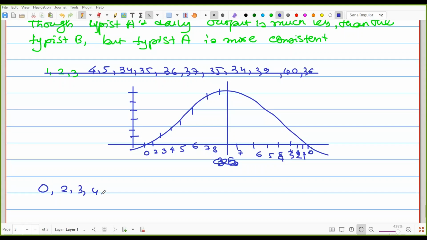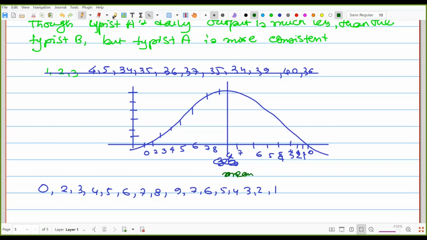We are not arranging in that way, but suppose the data has been found near about that. Symmetrical means whatever the mean we are getting, that is in the middle, in central, perfectly.